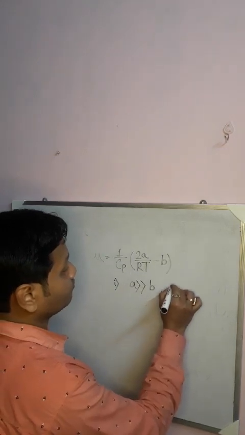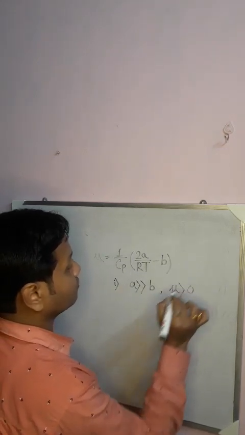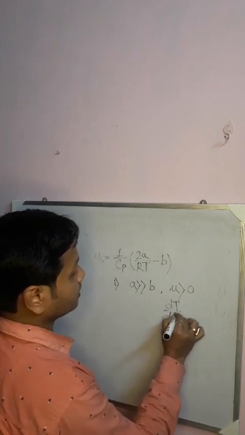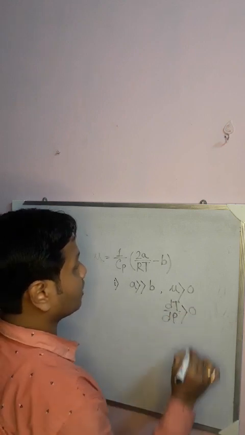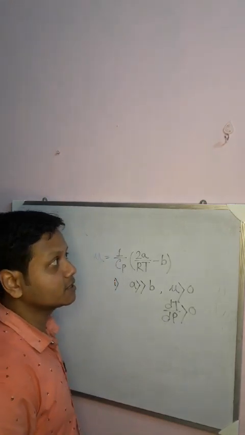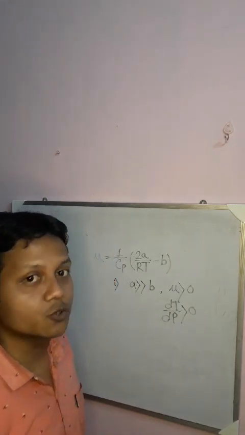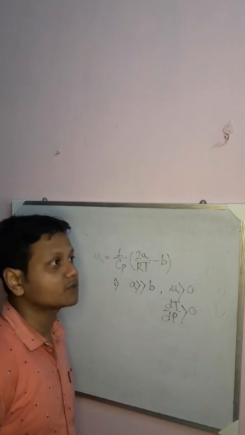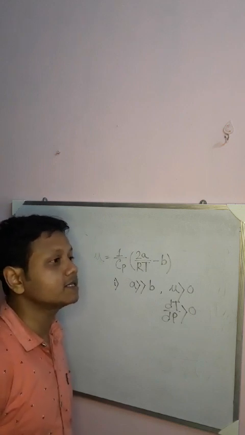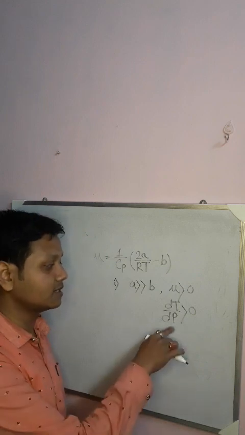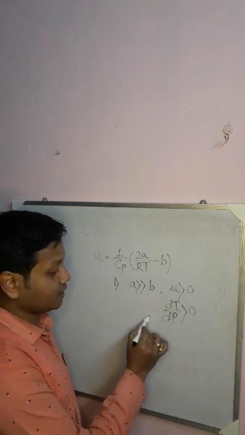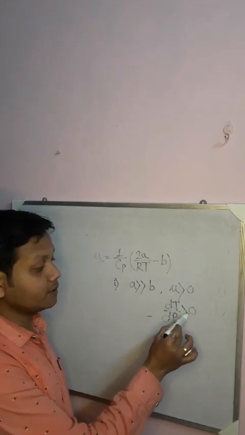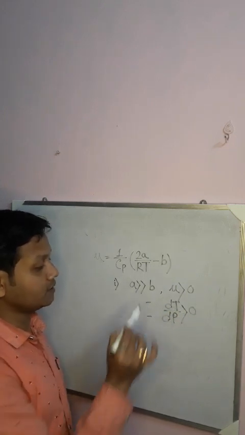Mu is positive, mu is greater than 0, and mu means dT by dP, so dT by dP is greater than 0. Now in the JT coefficient, I previously told that the gas flows from a region of high pressure to a region of low pressure. That means final pressure is less than the initial pressure and the change in pressure is negative. So dP is negative, and in order for mu to be positive, dT must also be negative.